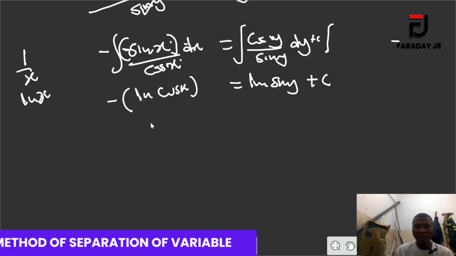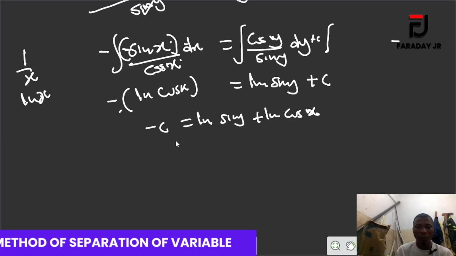Now, the next thing we are going to do is bring the logarithm functions to one side of the equation. So we move the left hand side of the equation to the right hand side, and the c to the other side. So I'll get minus c equal ln of sine y plus ln of cos x.